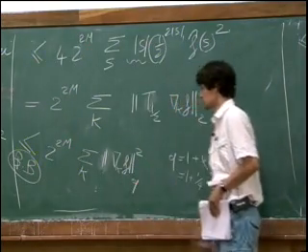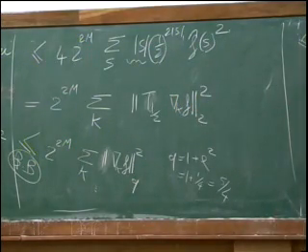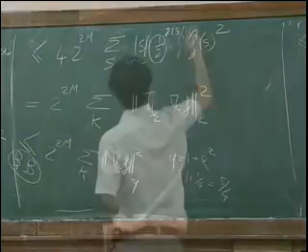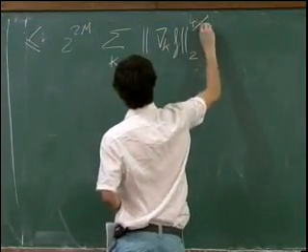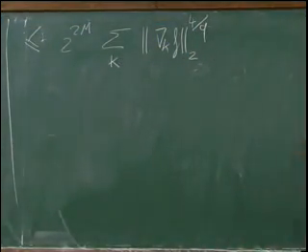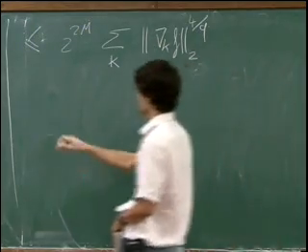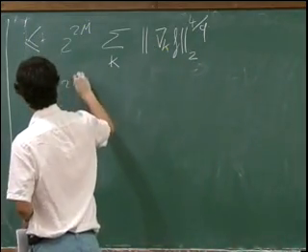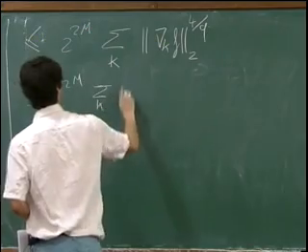Here, let us use the same thing as before, that there is a relationship between the LP norms. So this is like 4 over Q. And Q is 5/4, so this gives 2 to the m sum over k.